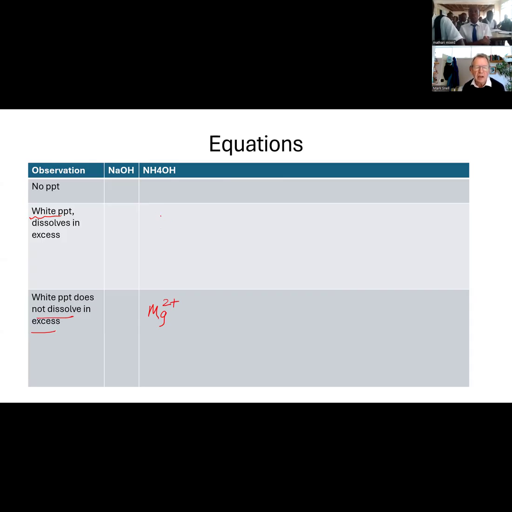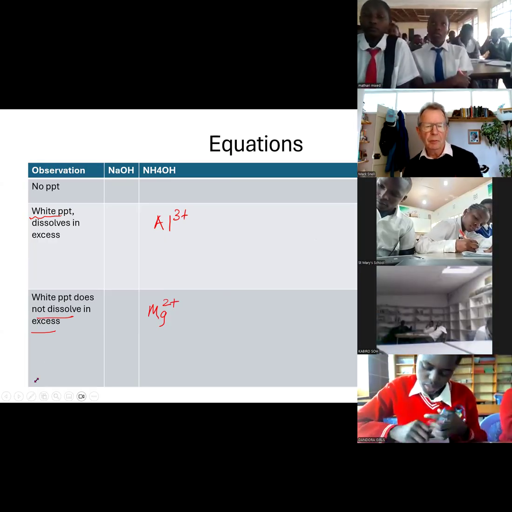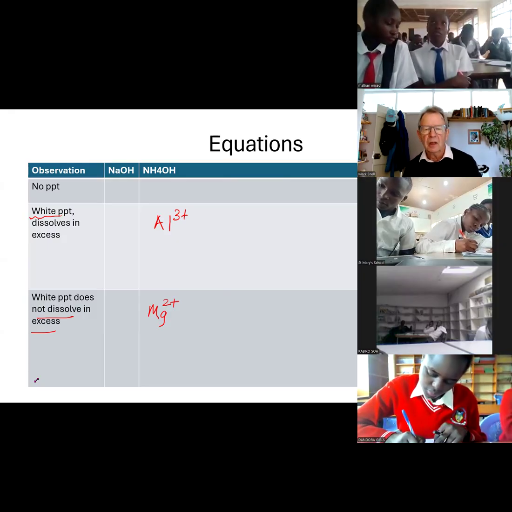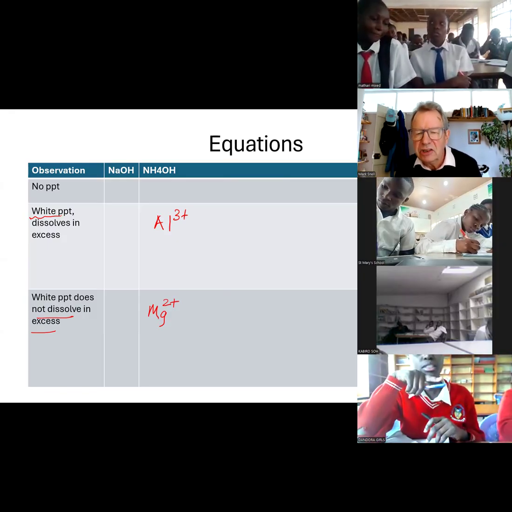And up here, I would like you to write it for aluminium ions, which do dissolve in excess, but need to have a precipitate first. I'd like everybody to try to do that first, just to write those two equations, because if you can do those equations, that would be excellent. I would do the lower one, the magnesium one, first. It is easier.